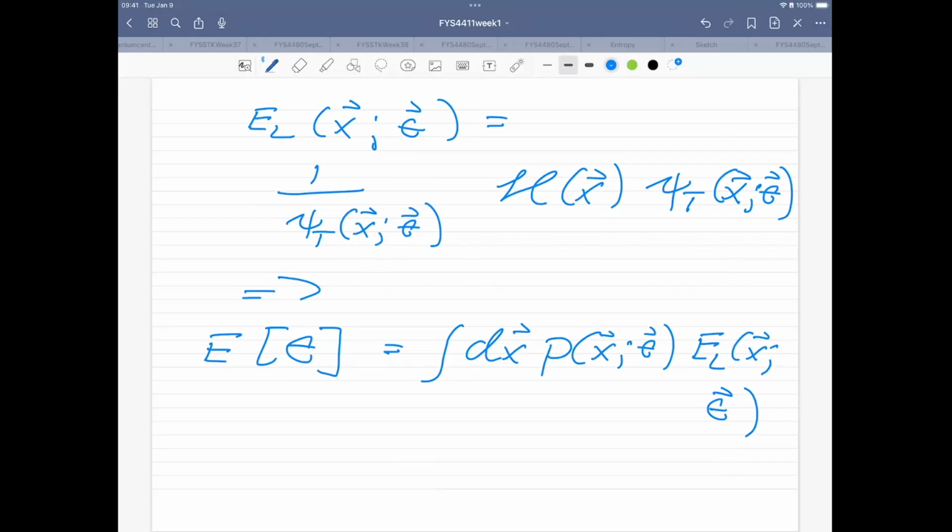Because you can pick x values where this probability is 0. And if you have, let's say, 50% of your stochastic samples giving zeros, then you will be wasting a lot of CPU cycles. And you will see that in the beginning, we are just going to do a brute force integration where we just pick points randomly without thinking of how they are distributed according to the probability.